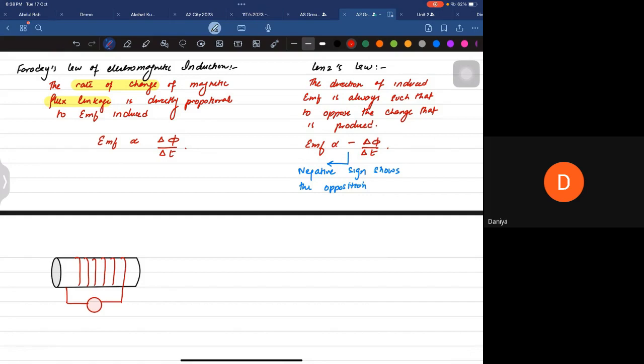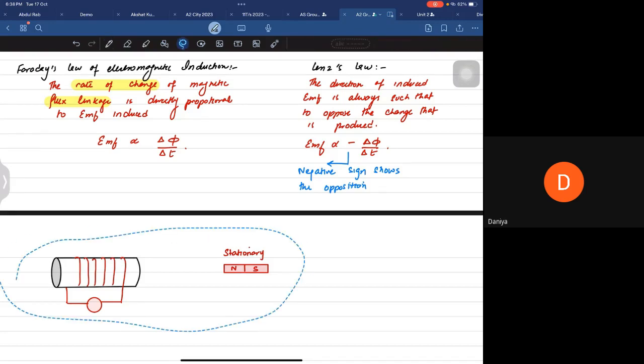And then there is a magnet which rests here, the north here, south here, and the magnet right now is stationary. So I'll copy this and then I'm going to explain this to you.